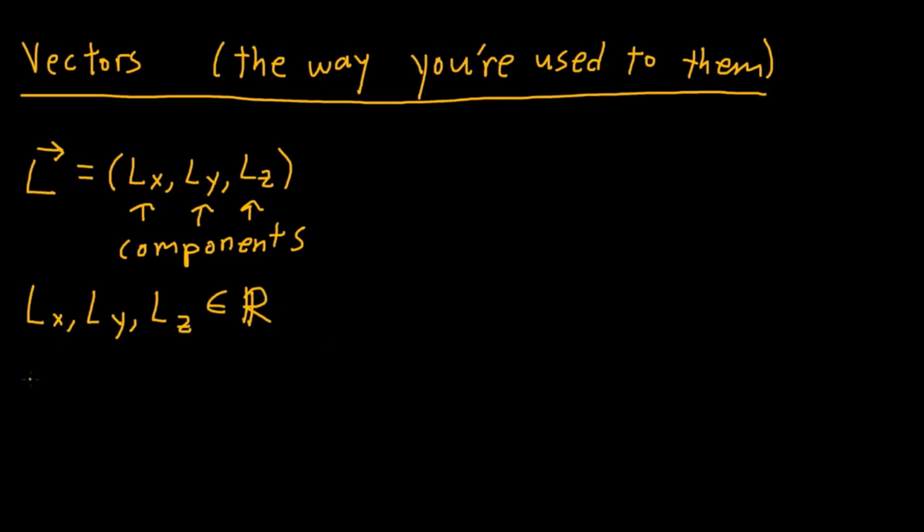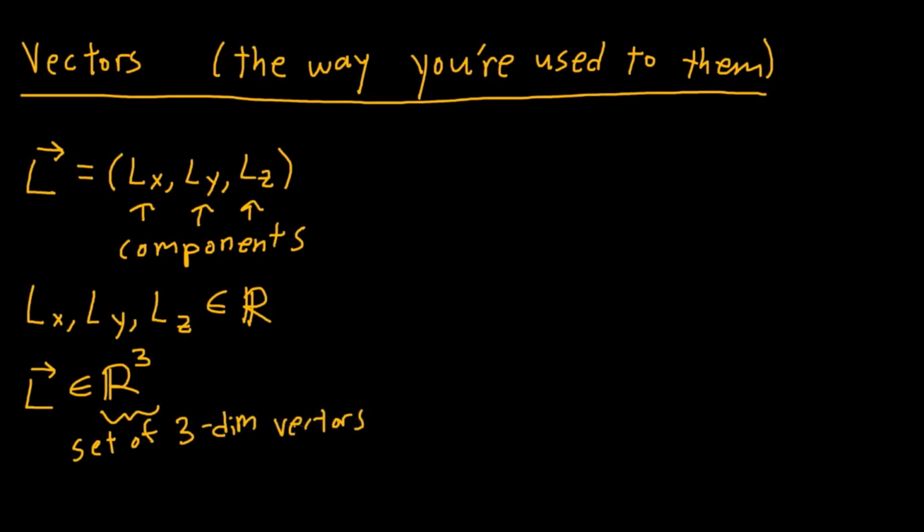That means that the vector L is an element of a set which we call R3. Now, R3 is just the set of 3-dimensional vectors with real components.